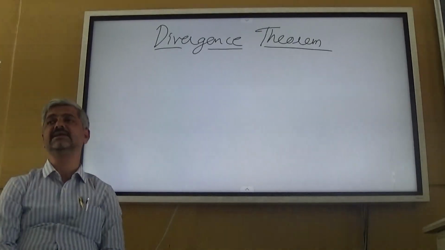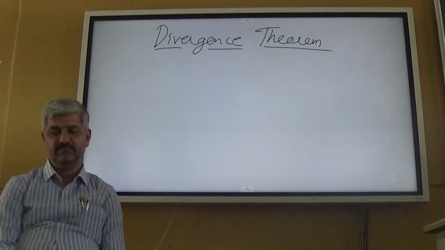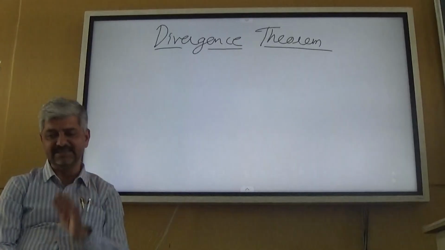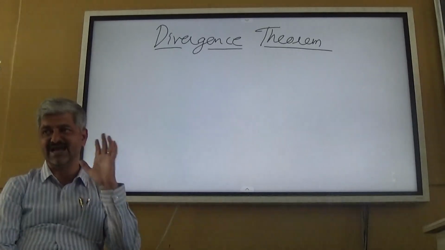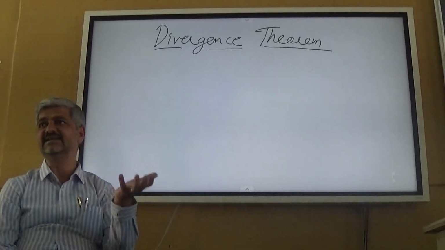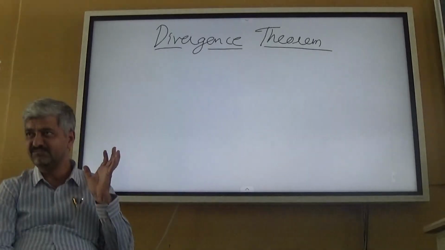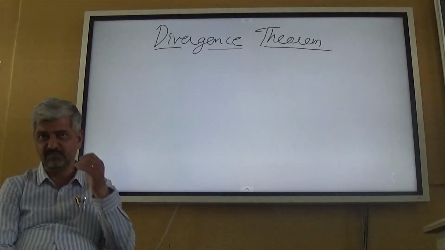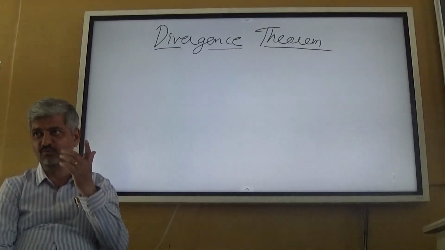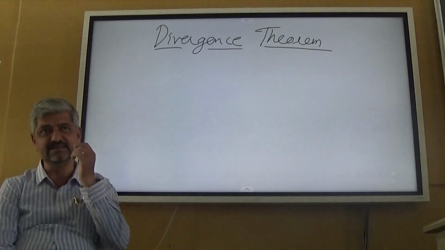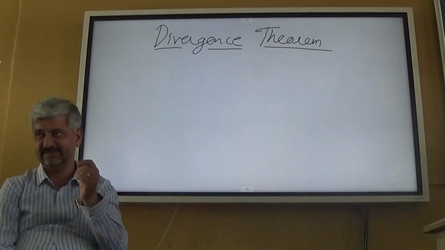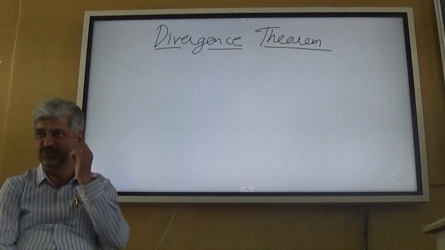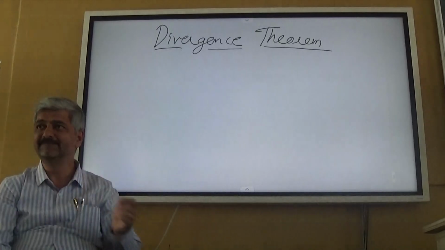If we take a spherical surface and a point charge at its center, then it is very simple to derive. How will you derive? What is D? If the radius of the sphere is 1, then what will be D?